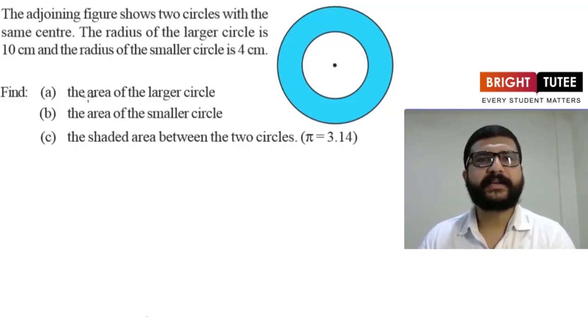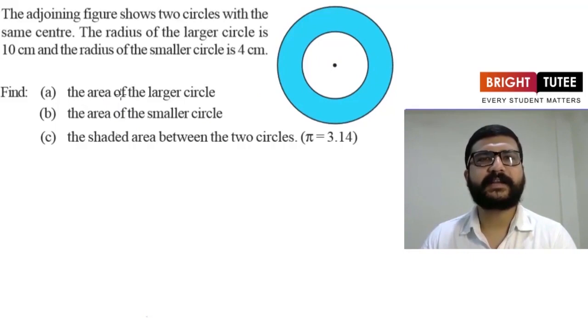And we have to find first the area of the larger circle, second the area of the smaller circle, third the shaded area between the two circles. Now here two circles are given and they are having the same center but different radius. Such circles are known as concentric circles.